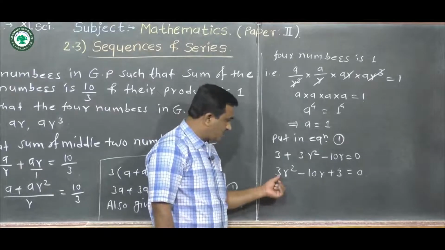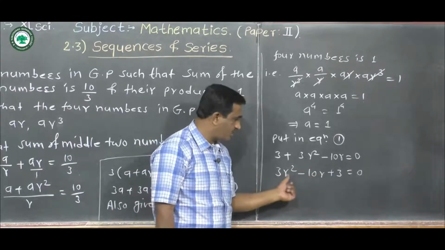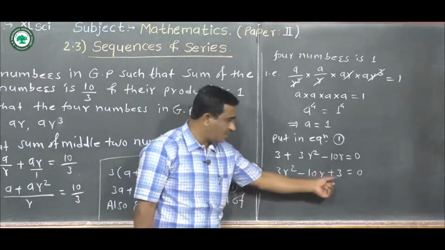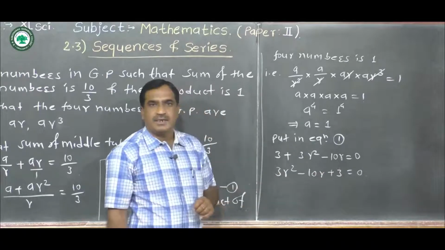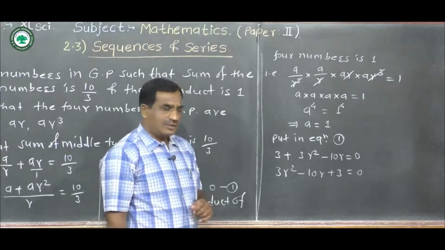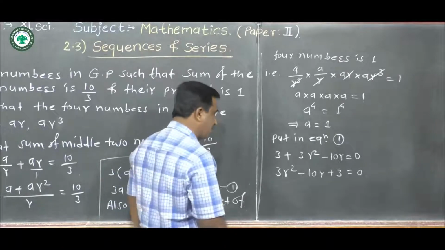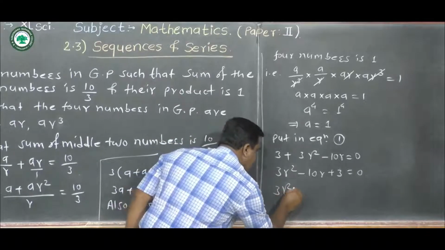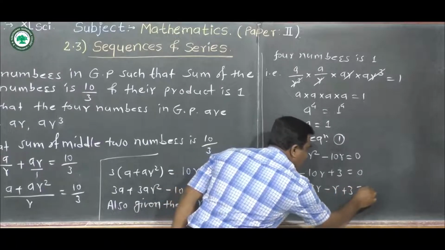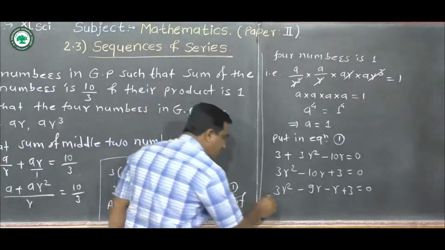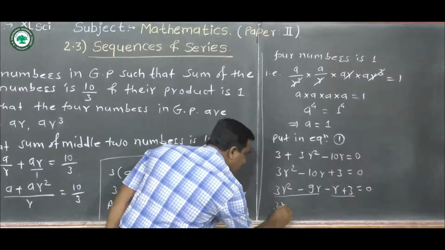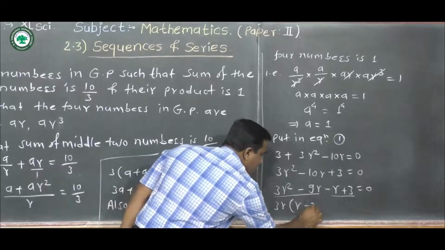Take the product of the coefficient of r square and the constant term 3, that is product is 9. Now we choose any two terms whose product is 9 and addition is minus 10. These numbers are minus 9 and minus 1. That is, we can write 3r square minus 9r minus r plus 3 is equal to 0. Now taking pairs, take common 3r, in bracket remains r minus 3.